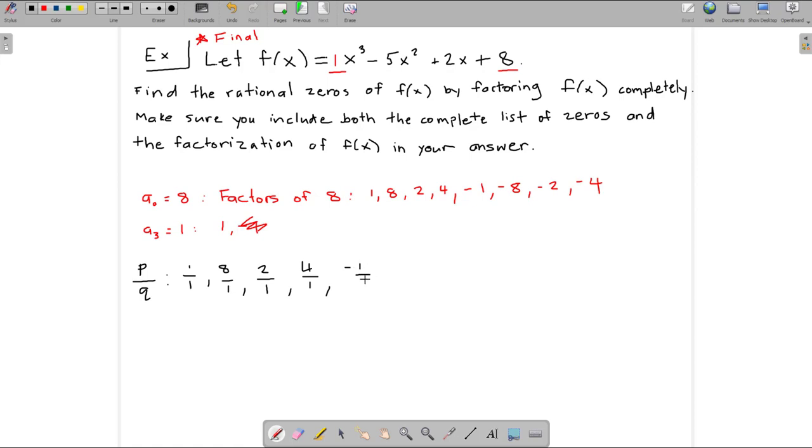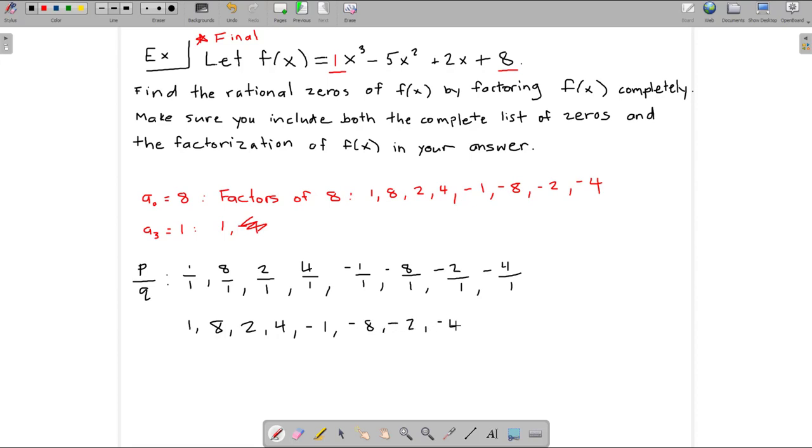So negative 1 over 1, negative 8 over 1, negative 2 over 1, and negative 4 over 1. And so simplifying those, you just get 1, 8, 2, 4, negative 1, negative 8, negative 2, and negative 4.